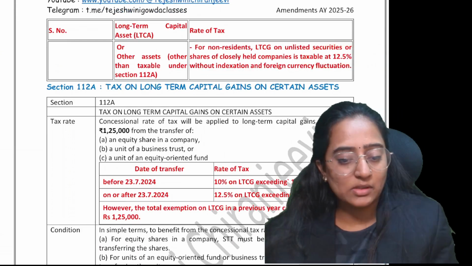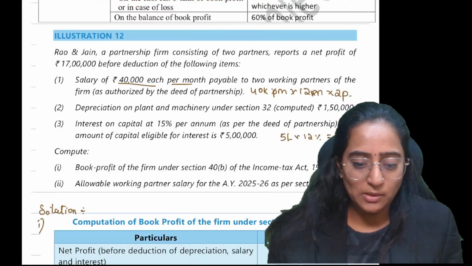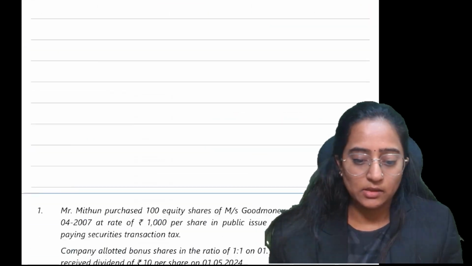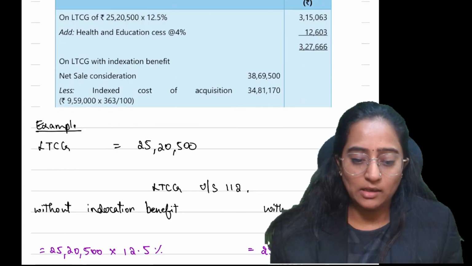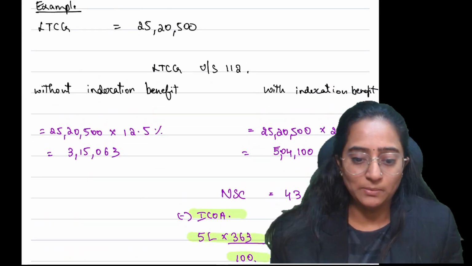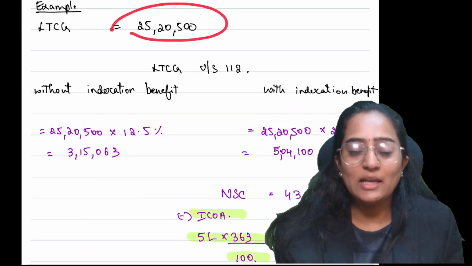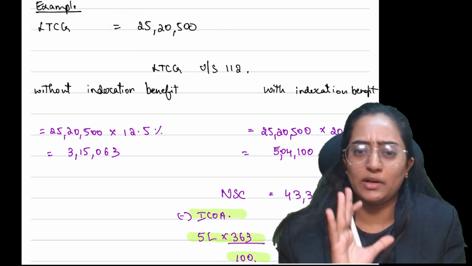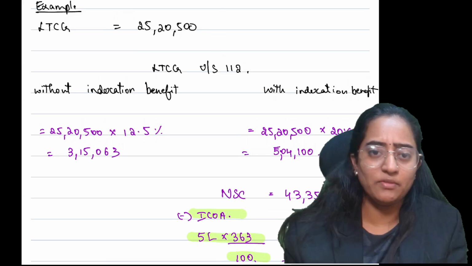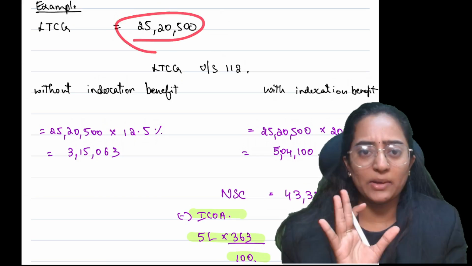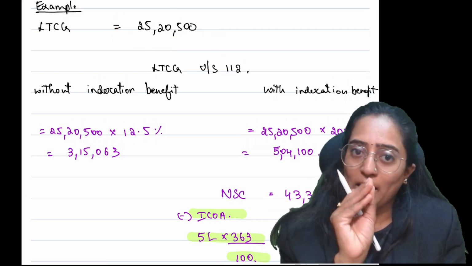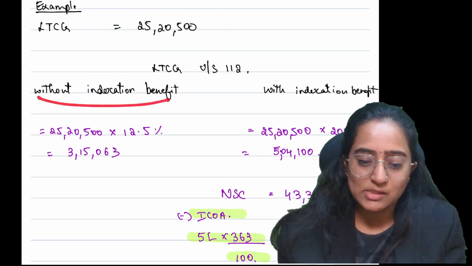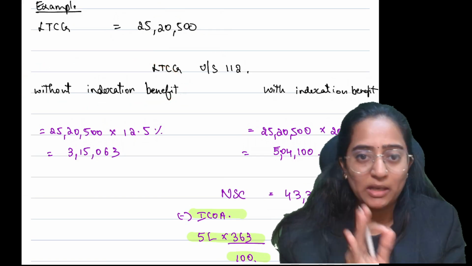Let's try to understand this with the help of an example. Let's take an example. One long-term capital gain example we have taken: let's consider the long-term capital gain which you have got is 25 lakh 20,500. If you apply section 112 with the concept of without indexation benefit.